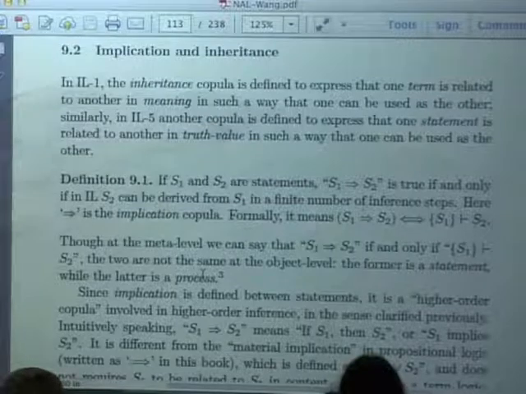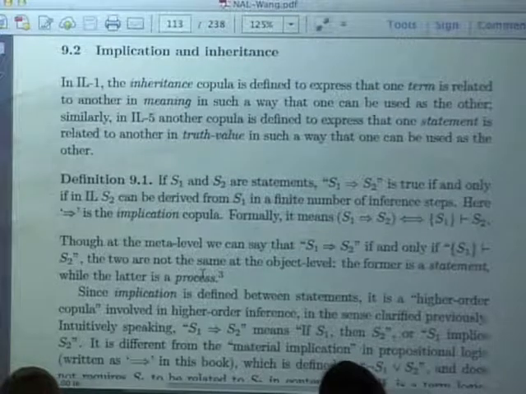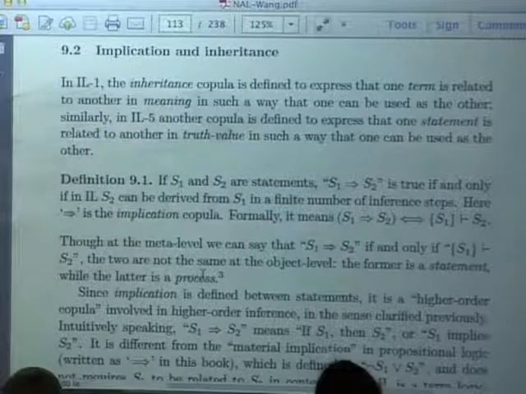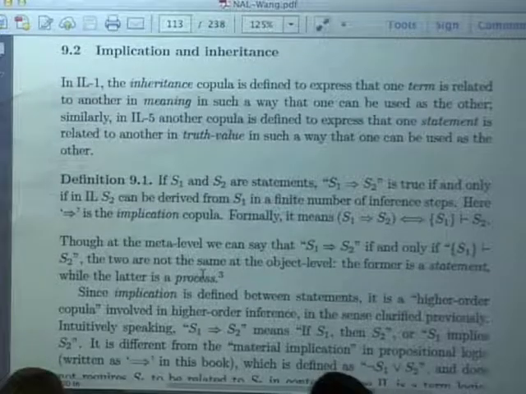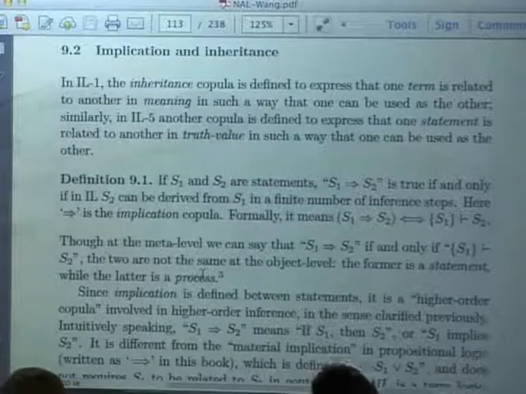So the second section is really about introducing new things, which only apply to statements. It doesn't apply to normal terms. Here, again, by statement, I mean not necessarily this format, but something you can talk about its truth value.